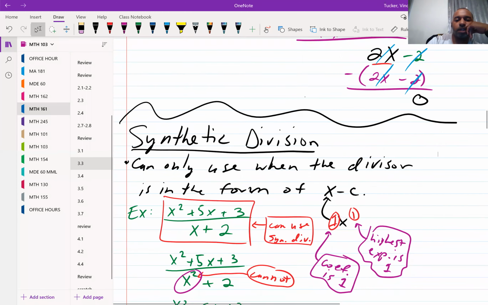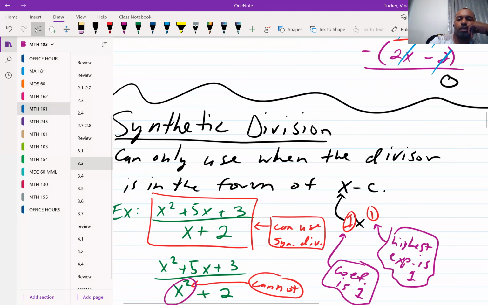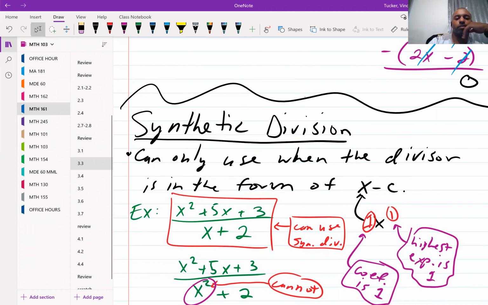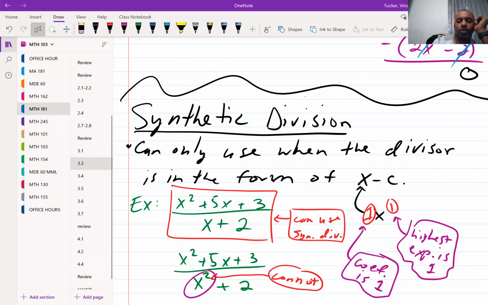So let's look at synthetic division. All right, can only use when the divisor is in the form of x minus c. So in other words, the coefficient or the number in front of x has to be 1, and the exponent has to be 1.